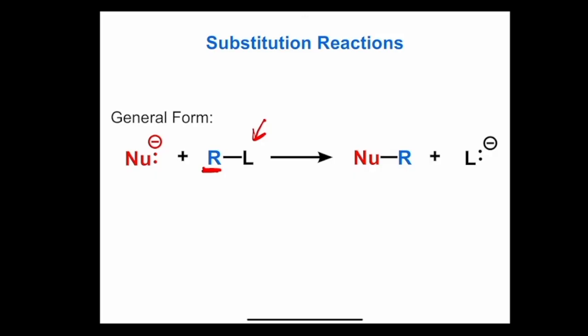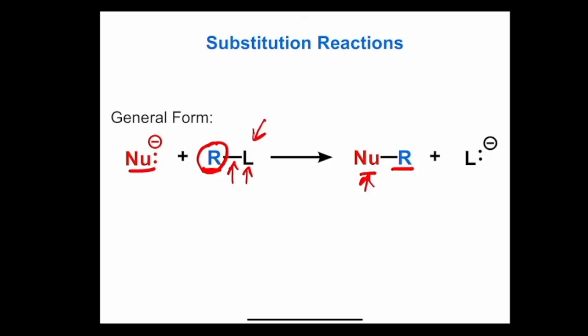Most importantly, what used to be this L bond, whatever this R group here was bonded to, we are now bonded to the nucleophile. We have substituted that group. This is why they're called substitutions, because the target molecule, whatever we're saying that R thing is, it has lost the L piece, it has added the nucleophile. So it's this exchange. 1 bond is broken, 1 bond is formed.